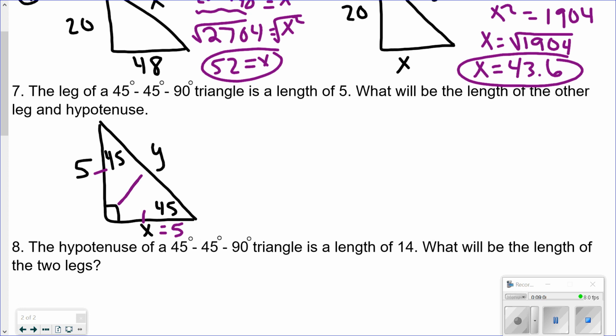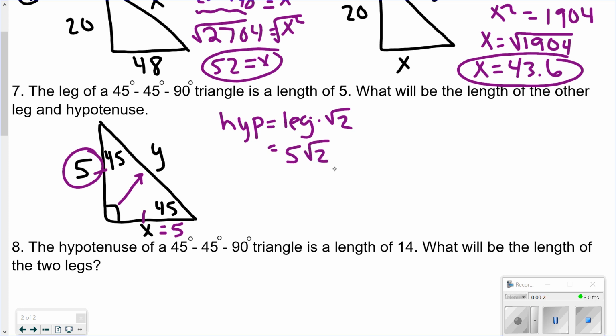Next, we want to figure out y, the hypotenuse. From our cheat sheet, the hypotenuse is equal to the leg times radical 2. The leg is 5, so the hypotenuse has to equal 5 radical 2. So y is 5 radical 2.